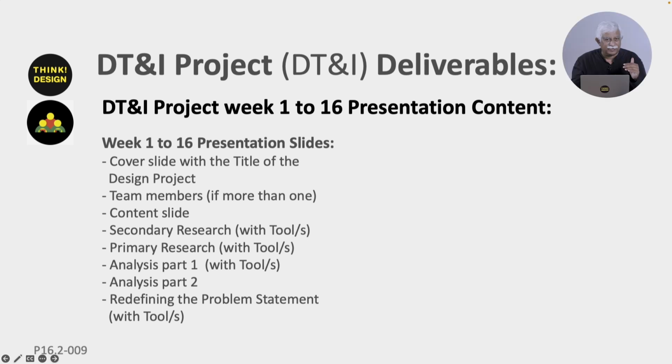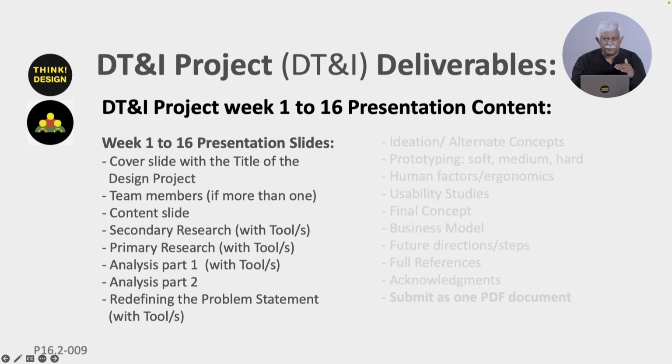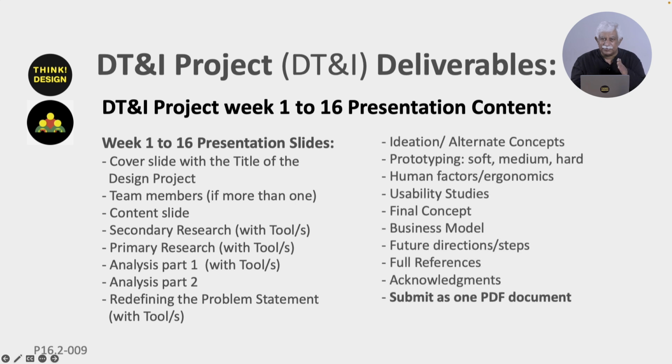Cover slide with the title of the design project, team members, content slide, secondary research, primary research, analysis part 1, part 2, redefining the problem statement, followed by ideation, prototyping, soft, medium and hard, human factors, application of usability studies, coming out with the final concept, doing the business model, writing about the future direction steps, full references, acknowledgements, and then submitting it as one PDF document.